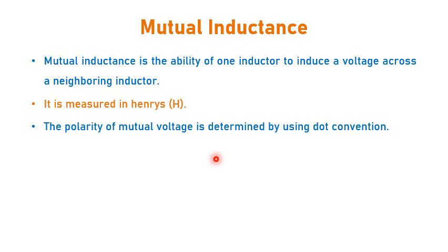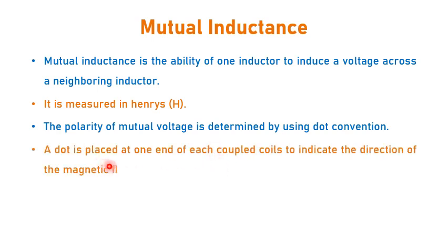So when you have two coils and voltage is induced across each coil, then we must understand which terminal of that coil is positive and which is negative. So this is identified by using dot convention, for which a dot is placed at one end of each coupled coil to indicate the direction of flux and current.